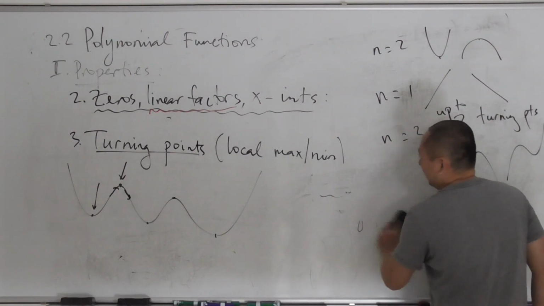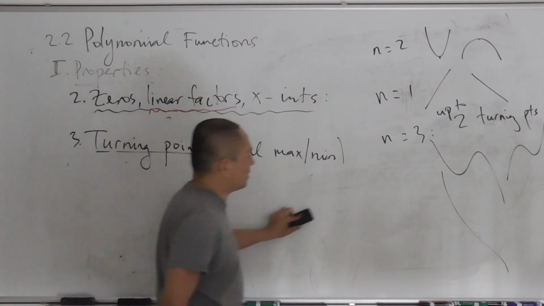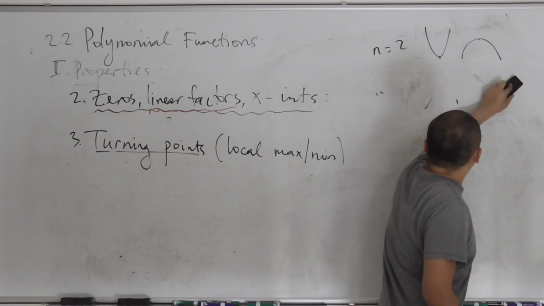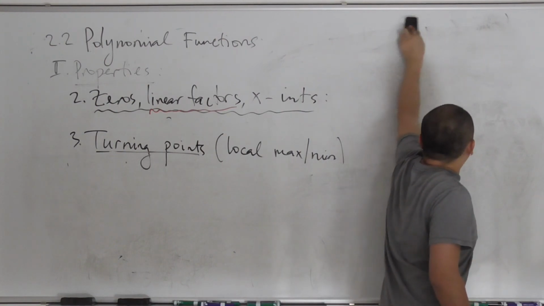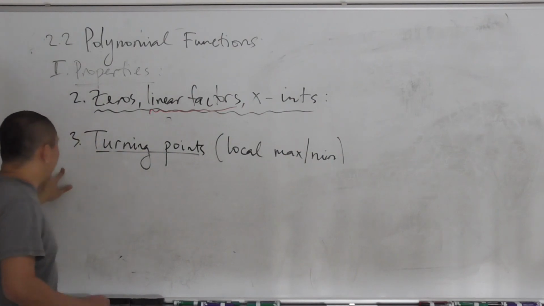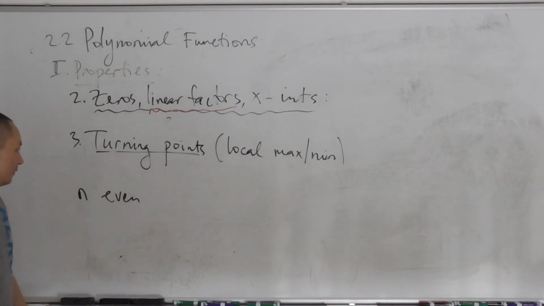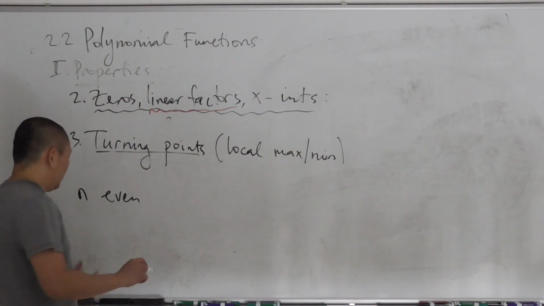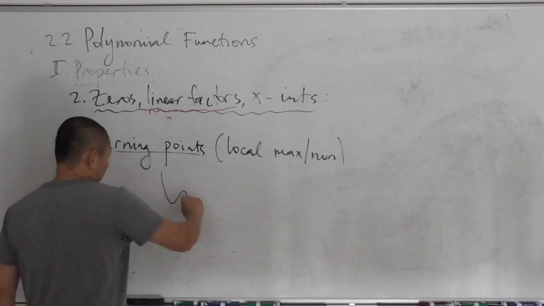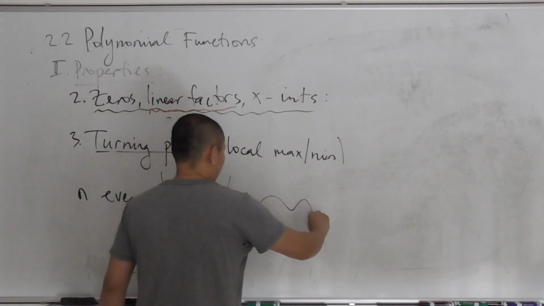Now, let's extend the concept a little bit more. What can we do with a turning point? What can we get from it? What if you have an even degree polynomial? We know from what we learned earlier that if the degree is even, then the polynomial could have two branches upward like this, or downward.